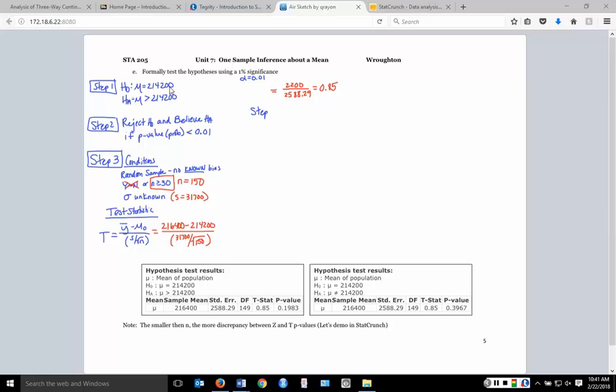Right, so then for step 4, we're going to calculate our p-value. Now I mentioned we're going to use StatCrunch, but it's sort of nice to understand what we're doing still. Remember, our t is going to look a lot like our z, which is a little bit more spread out. It's still centered at 0. I'm still going to put my little marks on here to work with.